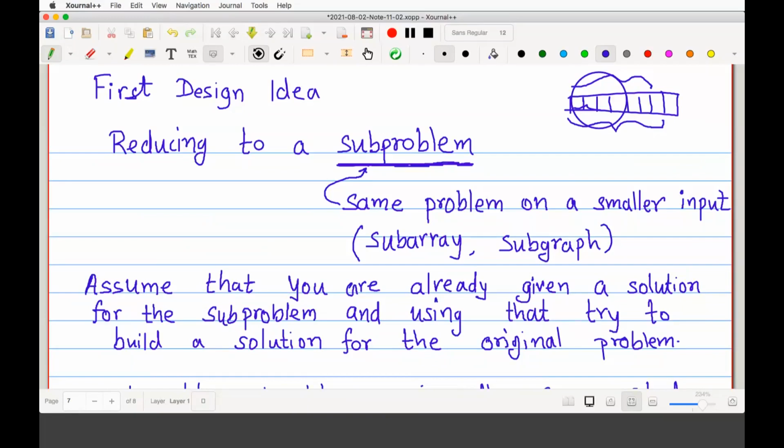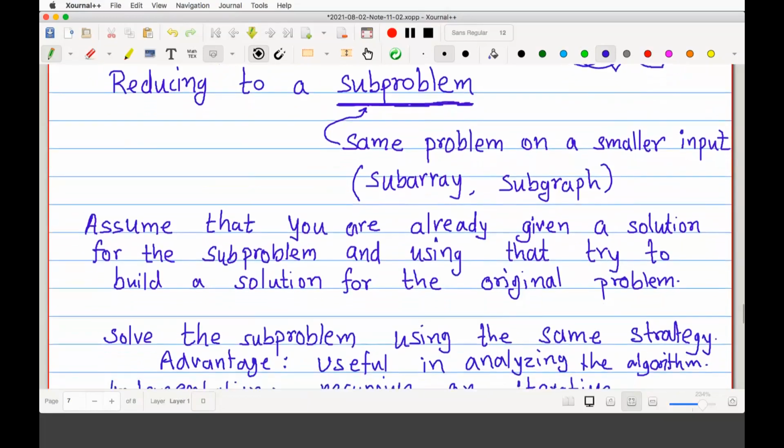Yes, and as you said, we should be able to devise some method to solve our original problem given the solutions for the subproblems. But by subproblem, I don't always mean that you go to an input of size half. It could also mean an input of size n minus 1, right? We'll see some examples of what exactly I mean by this. So any other questions?